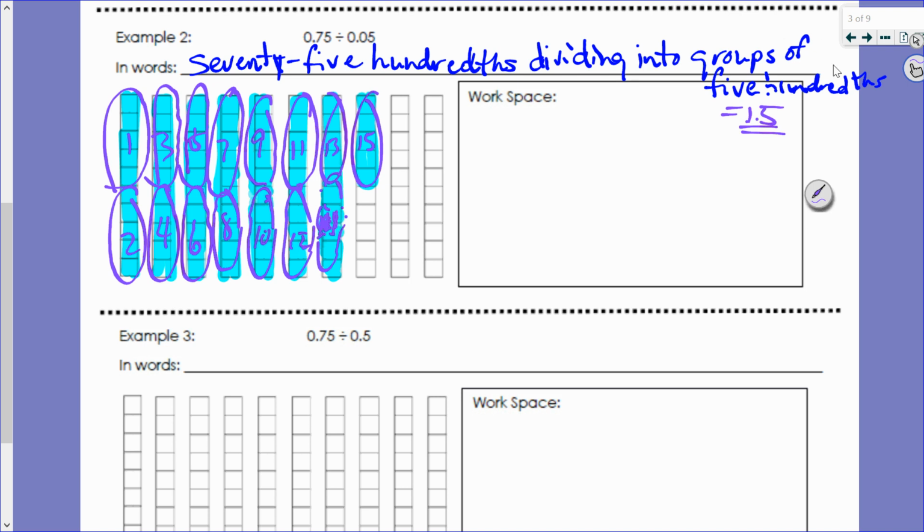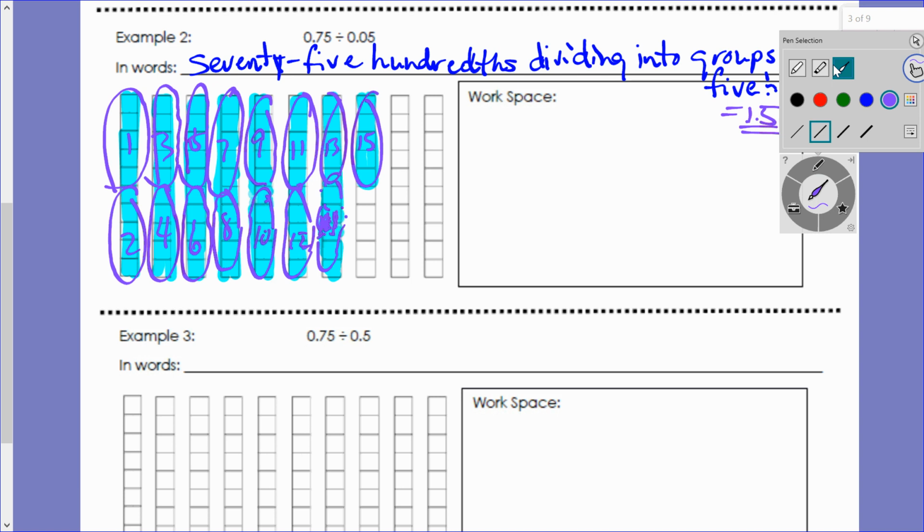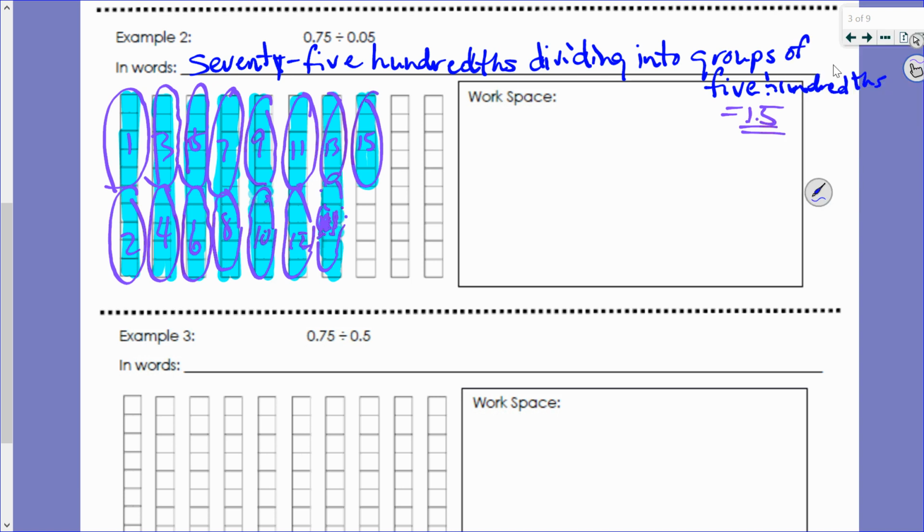So going back to what Ms. C was showing us, I start breaking this down. We can start out by rewriting this one as a fraction, right? So I can take my 75 hundredths divided by 5 hundredths. Which one of those do I need to worry about getting rid of the decimals in? The numerator or denominator? Denominator.